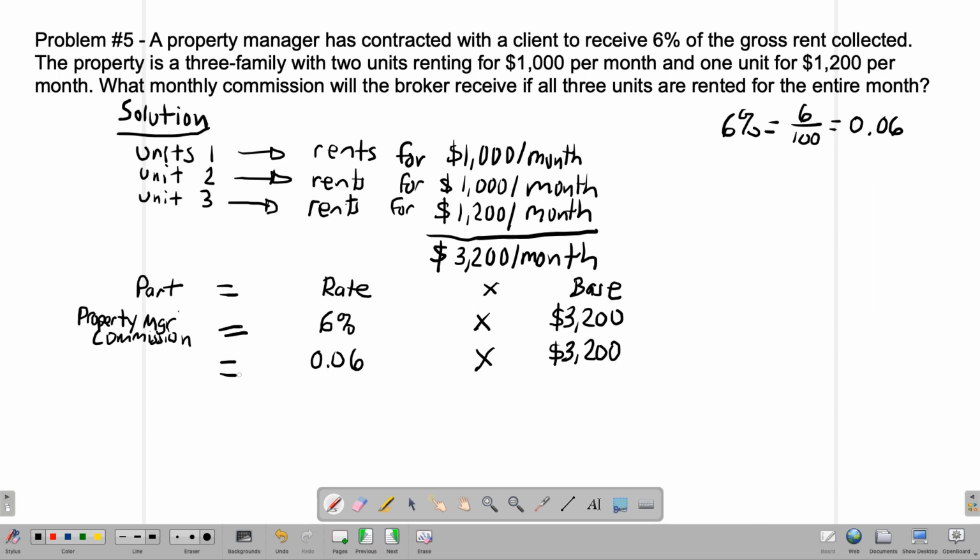And what it shows is that the property manager's commission is going to be 0.06 times 3,200, and it produces a value of 192. And this is what we wanted to show for problem number 5.